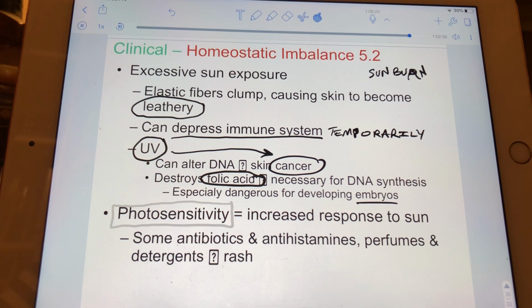And that increase in the skin's irritability or sensitivity to different medications, different applications is called photosensitivity. Excessive sun exposure can make us more photosensitive, in other words. So, wow, that's a fairly long list of the negatives to sun exposure.